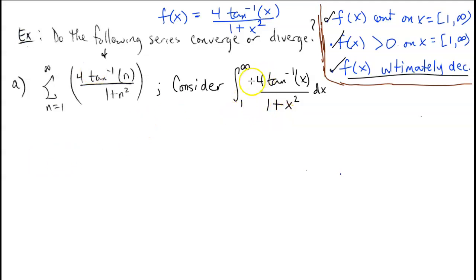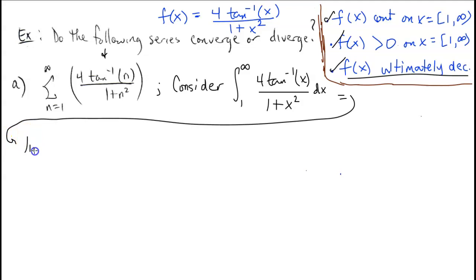So we want to consider this improper integral, which basically means that here we're going to be rewriting this as the limit as b approaches infinity of the definite integral from 1 to b of 4 arctan of x over 1 plus x squared dx.